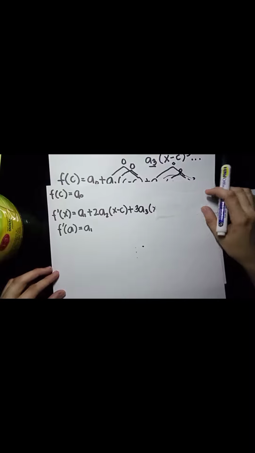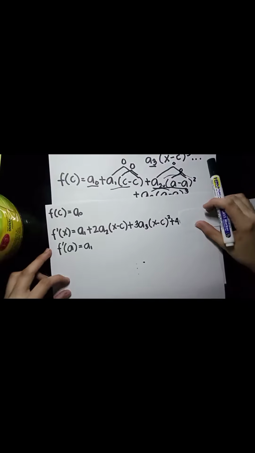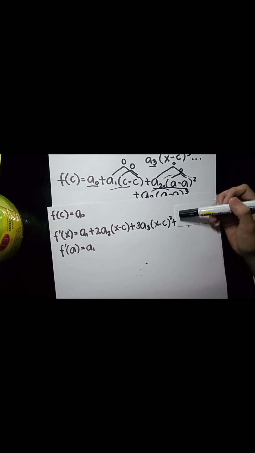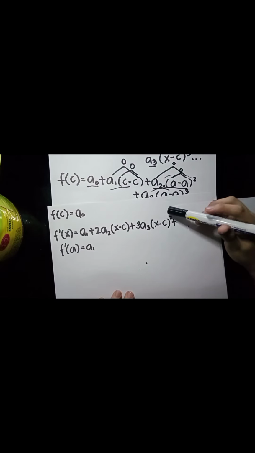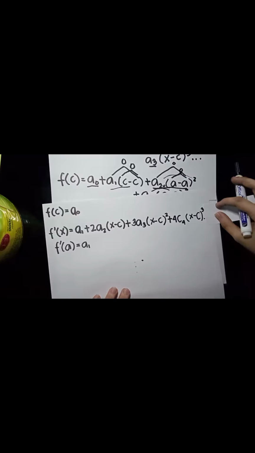So here, 3 comes down and the exponent becomes 2. And 4 comes down and the exponent becomes 3.